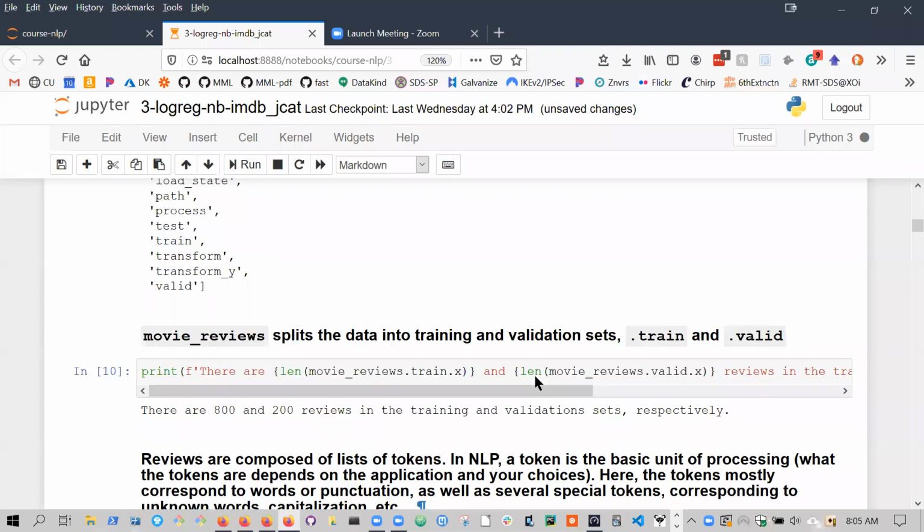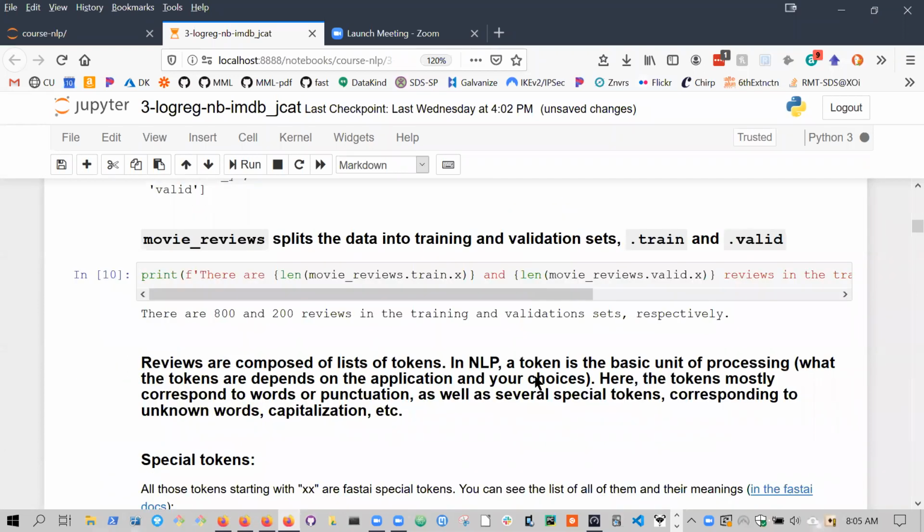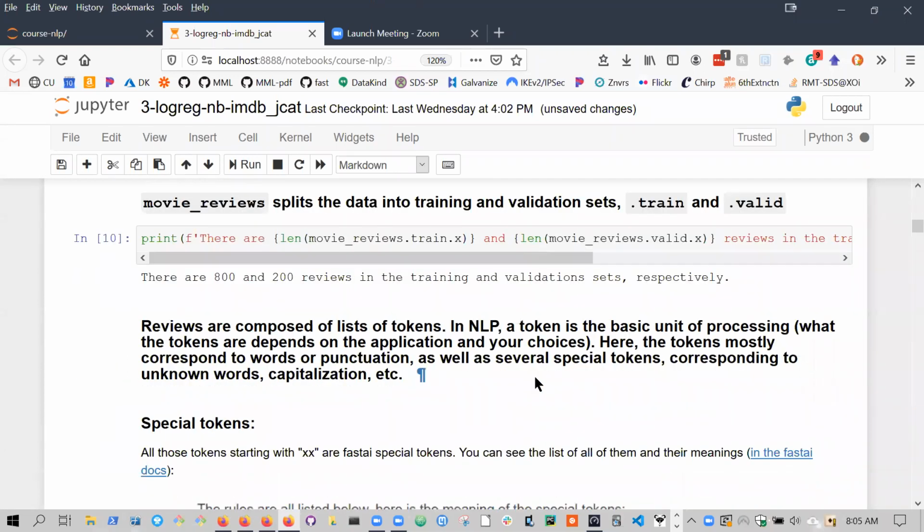And we see that it has basically a training set and a validation set, and each one of these consists of just text strings. Reviews are stored in the form of text strings, and that's what the input looks like.